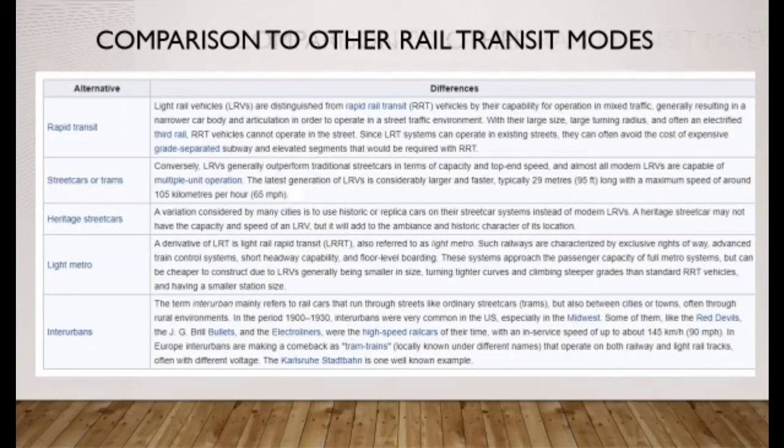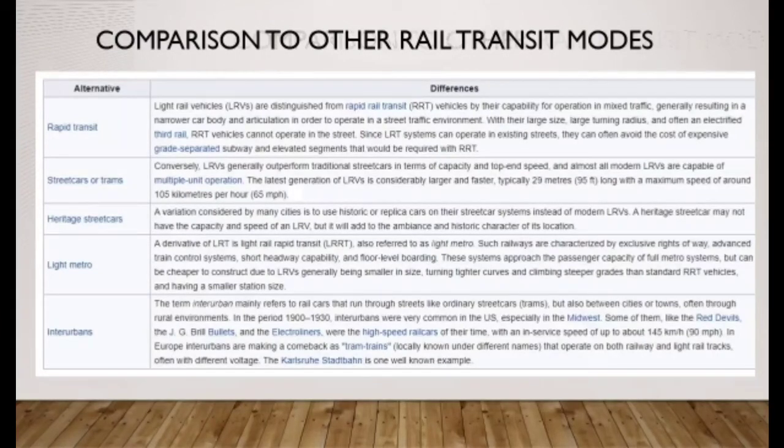The latest generation of LRV is considerably larger and faster, typically 29 meters, which is 95 feet long, with a maximum speed of around 105 kilometers per hour, which is 65 miles per hour.